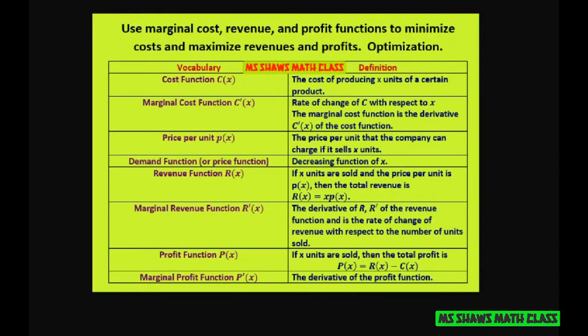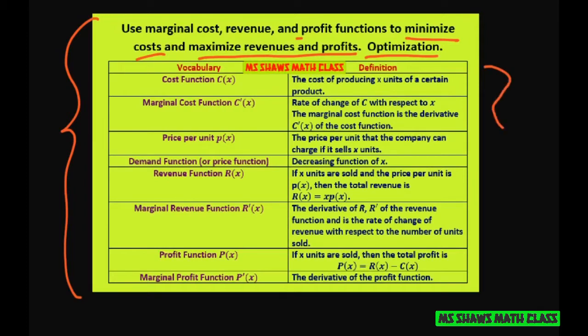So I wanted to go over real quick the vocabulary needed for this problem. Basically this is an optimization problem, and we're using marginal cost, revenue, and profit functions to minimize costs and maximize. We want to minimize the cost and maximize revenues and profits. Instead of me reading all this, you might want to screenshot it.